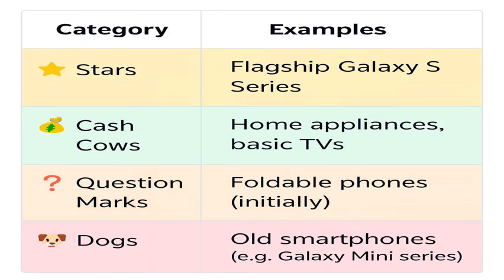And foldable phones. Initially, the Samsung company and Nokia company introduced the foldable phones, the flip phones. So these phones come under the category of question mark, because these products have low market share and high market growth.